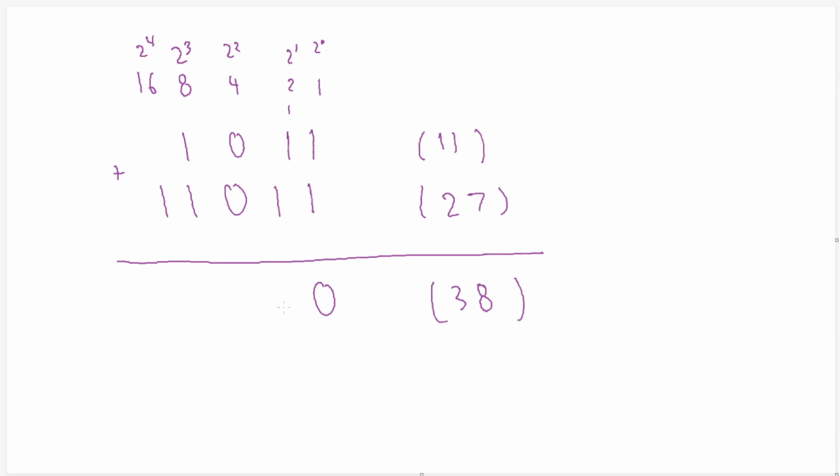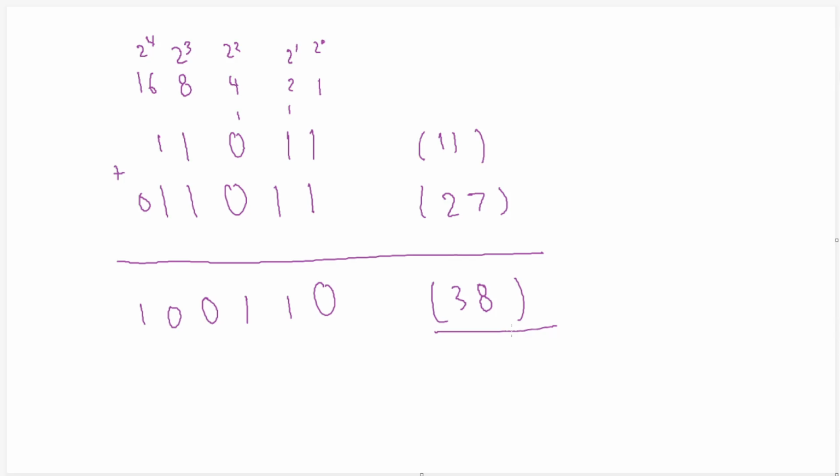Then 1 and 1 does the same thing, so we'll have a carry value, but we're going to take the old carry value and put it there. 0 and 0 contributes nothing, so we'll just put the carry value in. 1 and 1, same deal as before, so 0 carry over, 1 and 1, 0 carry over. This is technically a 0 here, and so we'll just put 1 there. So what this is, 2 plus 4, which is 6, plus 32, which is 38. So that's how you add binary numbers.